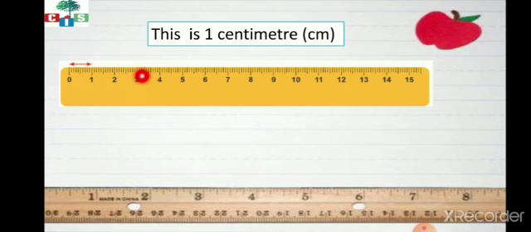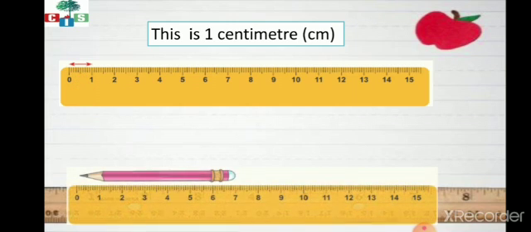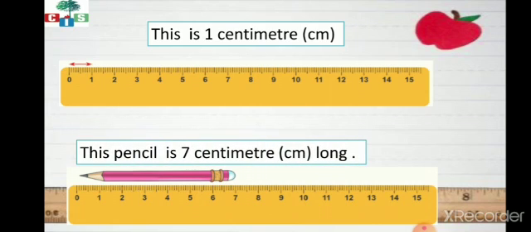You can look at your scale also. So there are 10 divisions in 1 centimeter. In between 0 to 1 there are 10 small divisions. This means 10 millimeter is equal to 1 centimeter. I repeat, 10 millimeter is equal to 1 centimeter.